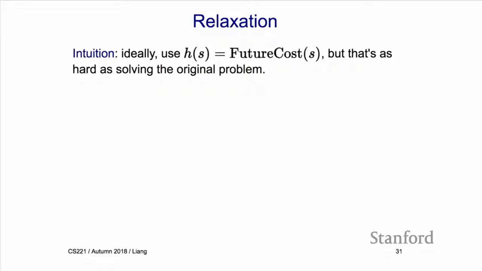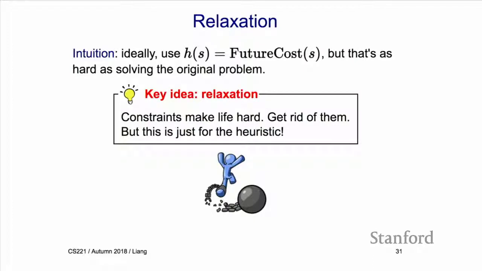Ideally, your h of s would be a perfect estimate of all the future costs that's left to go. But that turns out to be just as hard as solving the original problem. If you knew that future cost, probably the only way you could get it would be by doing the search problem. So the main idea here is to formulate a new problem where we don't have all the constraints of the original problem and compute future cost in that relaxed problem.